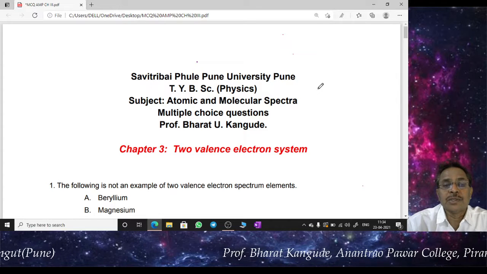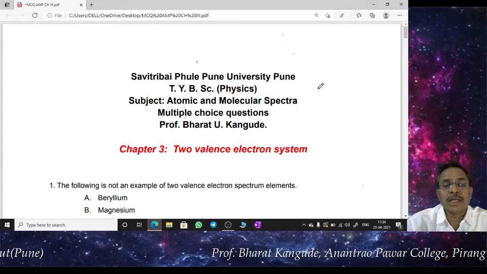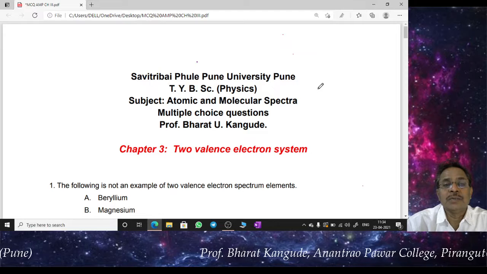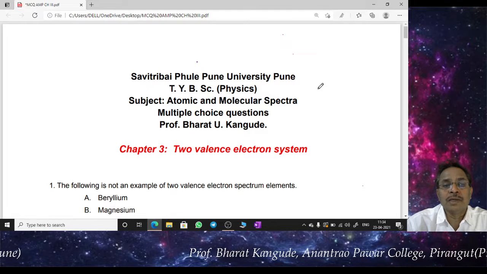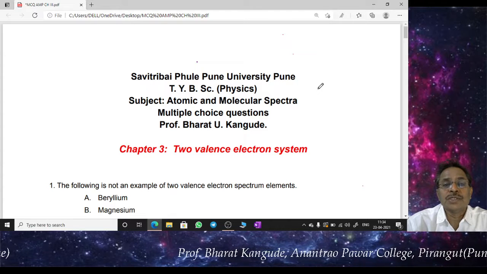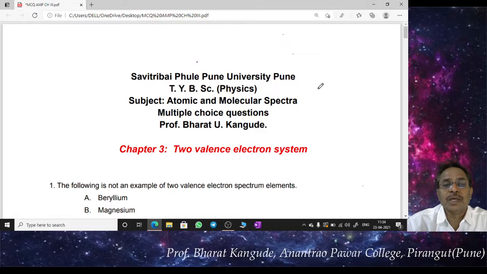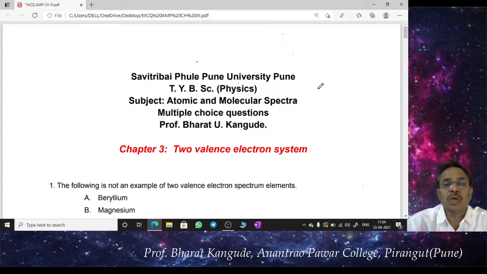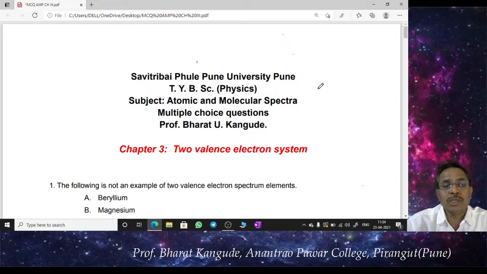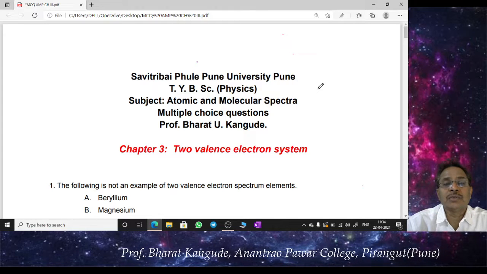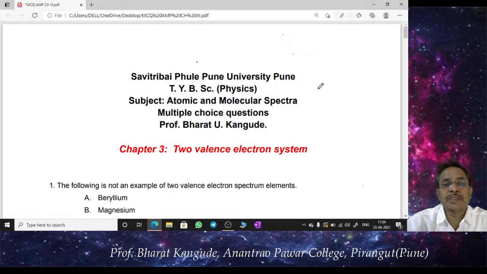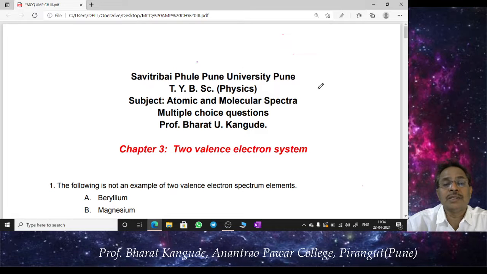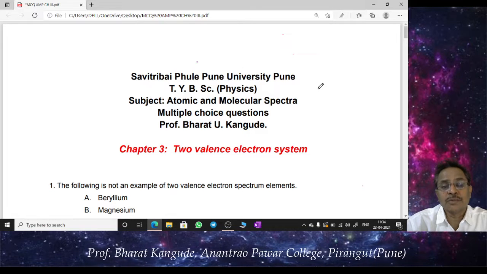In chapter 3 we now have a two valence electron system, and this time they are all alkaline earth elements. So this is a two valence electron system, and its spectrum is a bit different from the spectrum we observed in chapter 1, that is hydrogen spectrum, and chapter 2, where it is an alkali spectrum, for which we have taken sodium spectrum as an example.